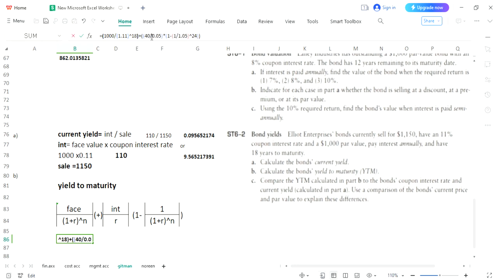The next procedure is to put the interest, which we have already calculated, 110. So we are putting 110 over here. Rate was 11%. 11 divided by 100 means 0.11. So you will put 0.11.